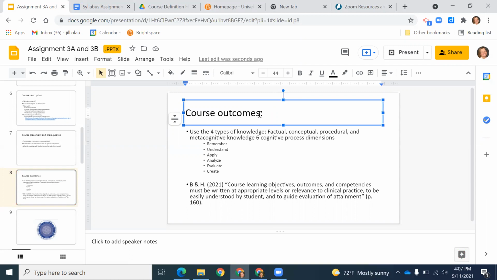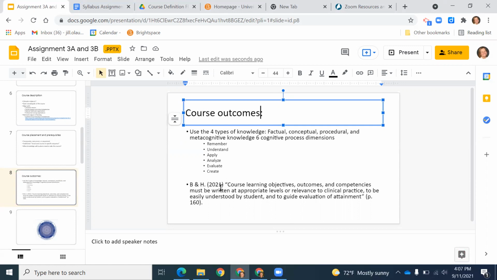So maybe if you have weekly learning objectives, that would make sense, but your overarching course should be outcomes. We should have outcomes there for that.